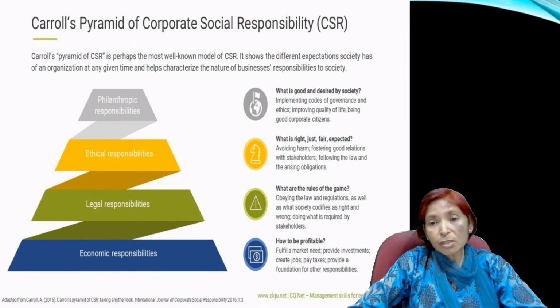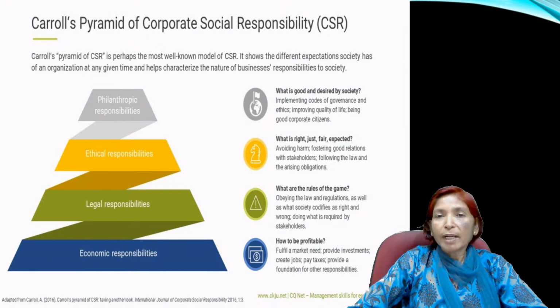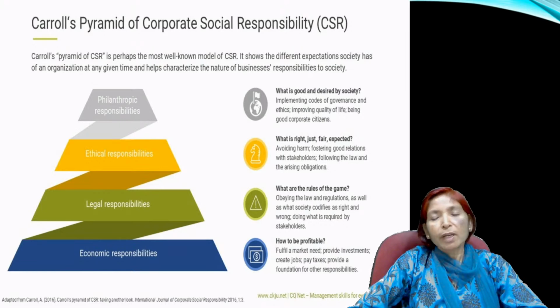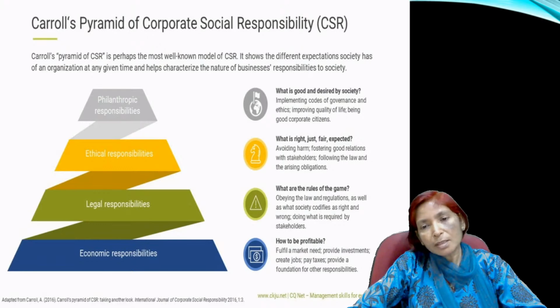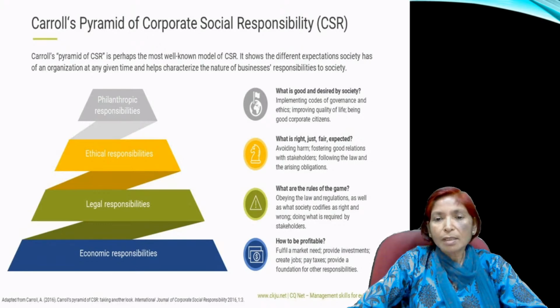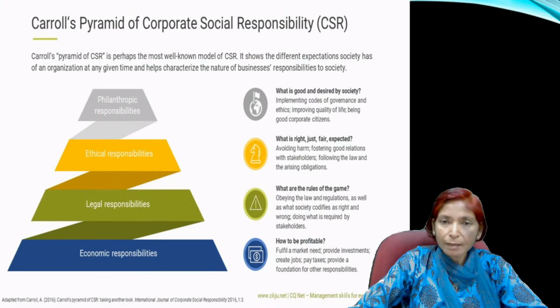And what is right, just, fair, and expected? Avoiding harm, fostering good relations, harmonious relationships with stakeholders, following laws, rules and regulations, and fulfilling arising obligations. This is called right, just, fair, and expected.